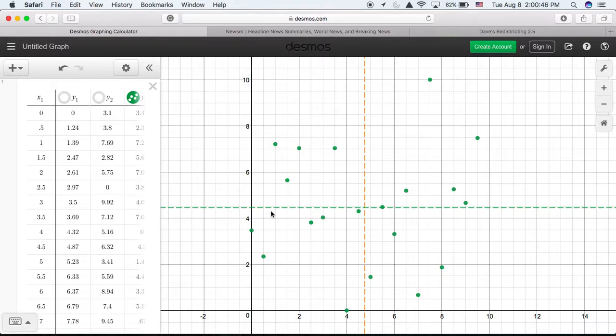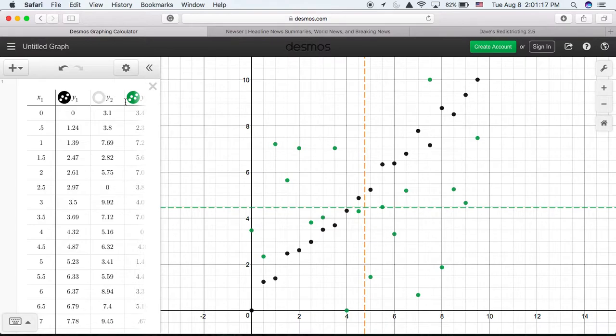Now, there's a formula in your textbook for what's called the Pearson correlation coefficient. Well, if you needed to calculate a correlation coefficient by hand, absolutely you would use that formula. But it's the 21st century now. We don't necessarily need to use the formula. We have technology that will calculate a correlation coefficient for us.